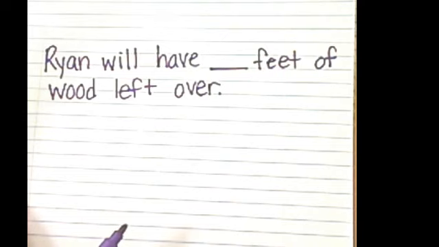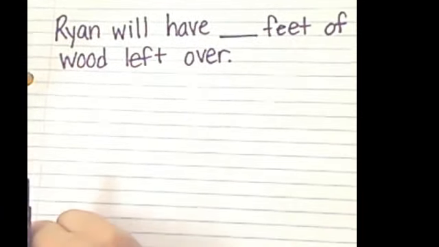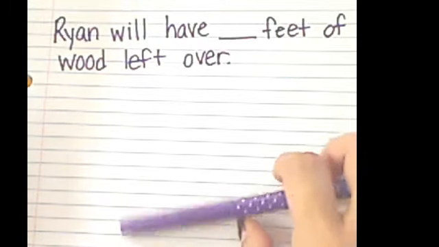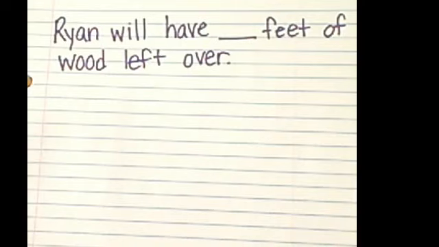So you've got to picture, what is it that he's doing? What's he doing? He's making a frame. A frame kind of like this. Let me grab one real quick.